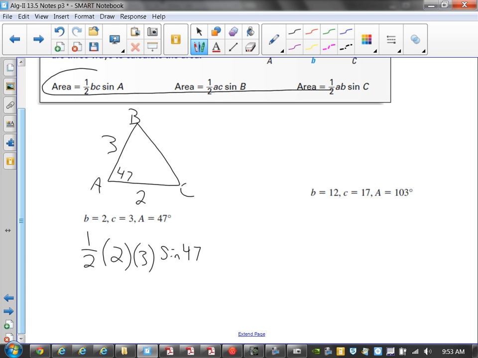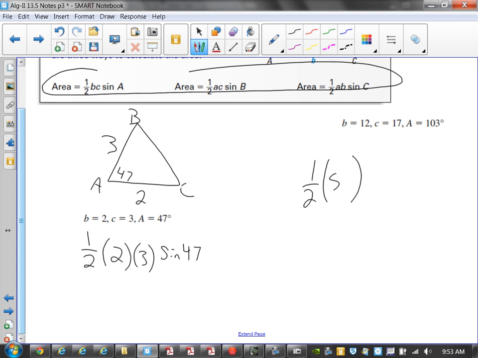These 3 formulas are exactly the same: 1/2 side, side, and then the sine of the angle. The angle has to be the included angle between those 2 sides for this to work. That's the only rule there is.